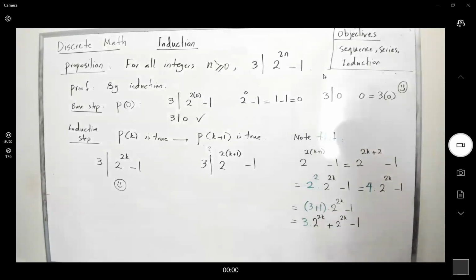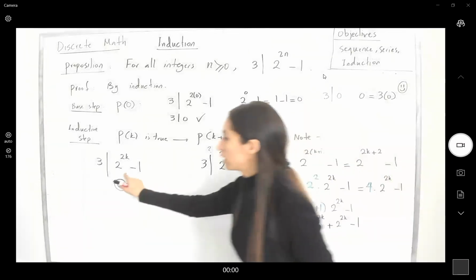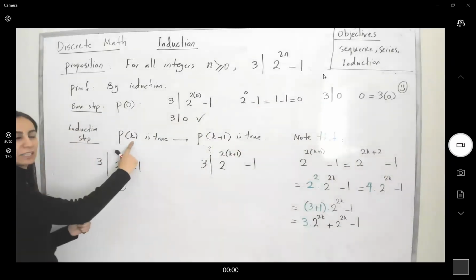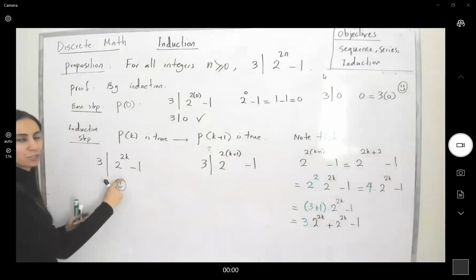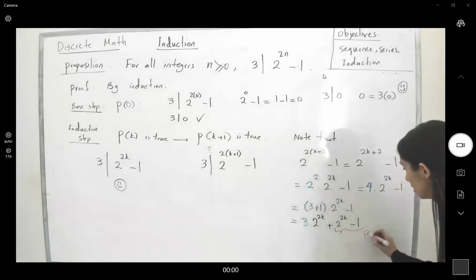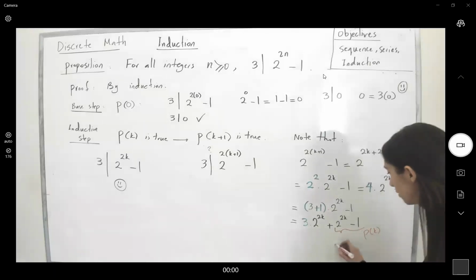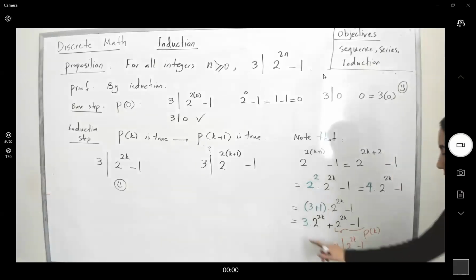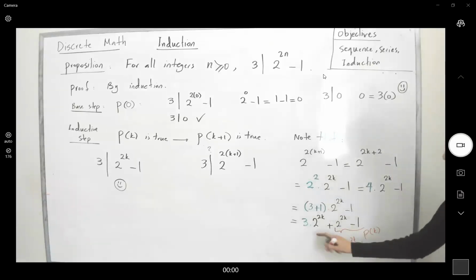Well, from P of k, I know that 3 divides 2 to the 2k minus 1. This is my P of k. At the same time, if you look at this term here, 3 is a factor here.